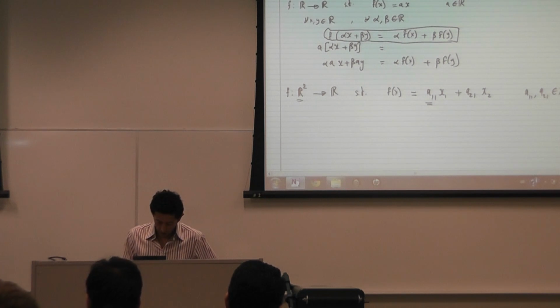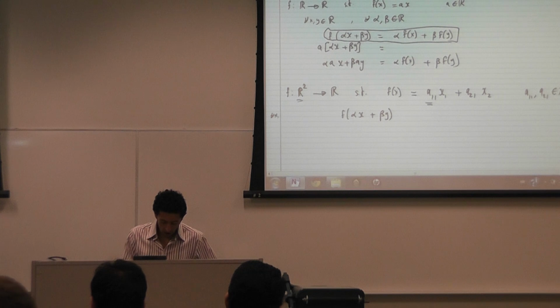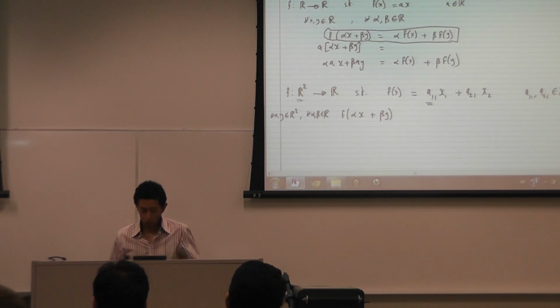And indeed, f of alpha multiplied by the vector x plus beta multiplied by the vector y, for every x and y in R2, and for every alpha and beta in R, you'll find that this is still true.